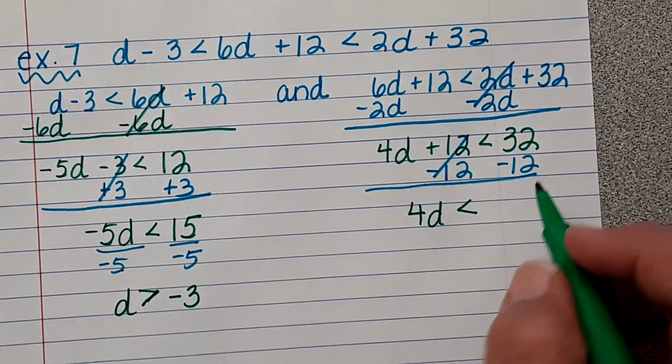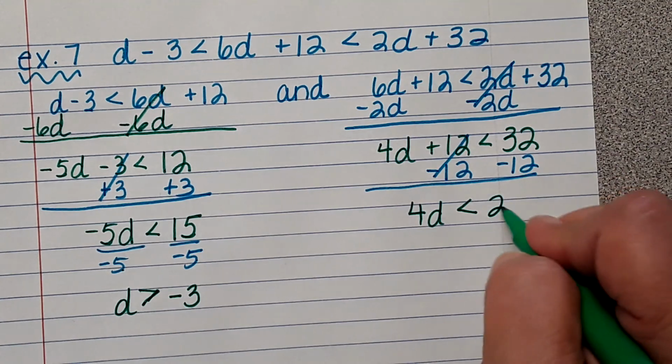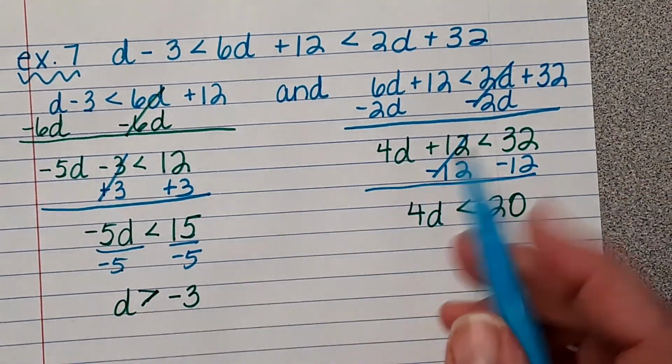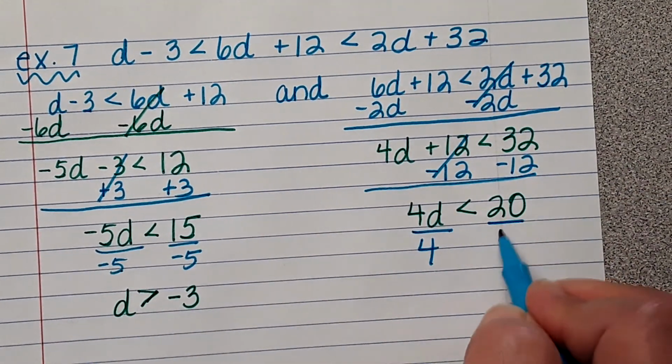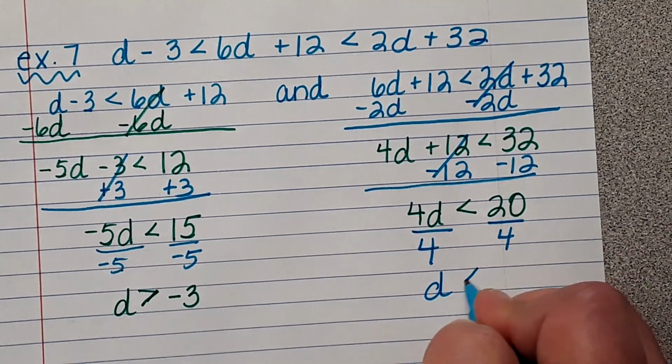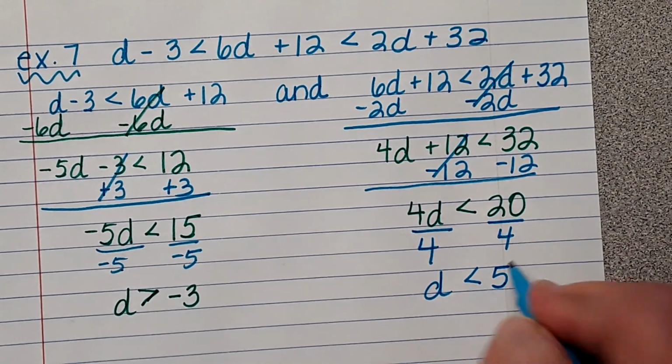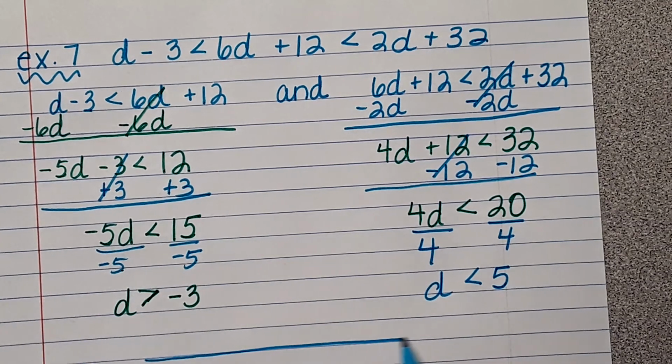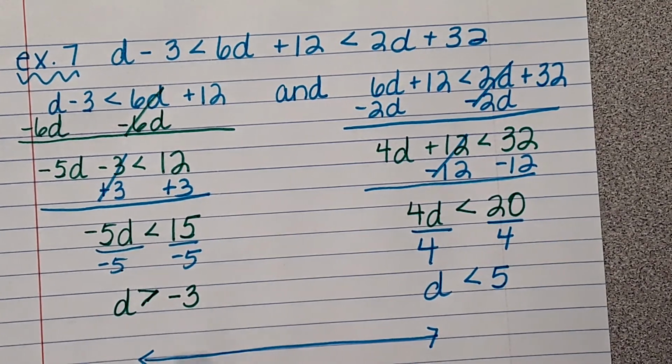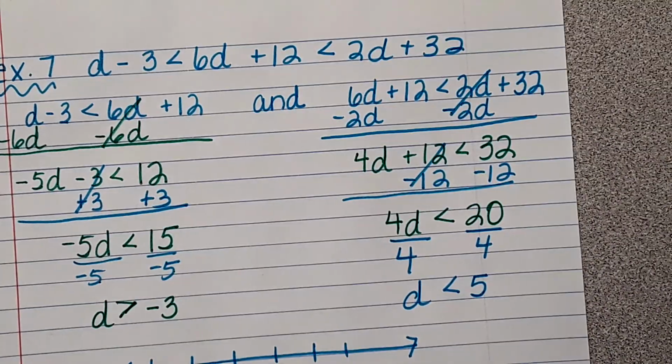What's 32 minus 12? 5. D is less than 5. Well, I didn't make that long enough, did I?